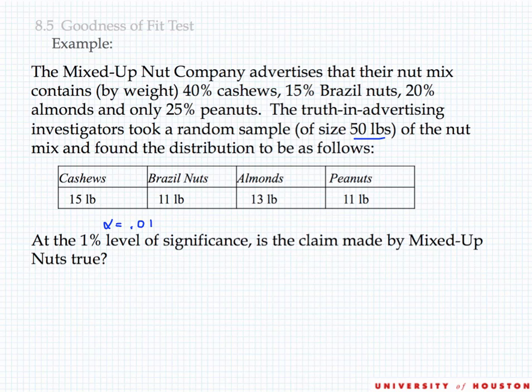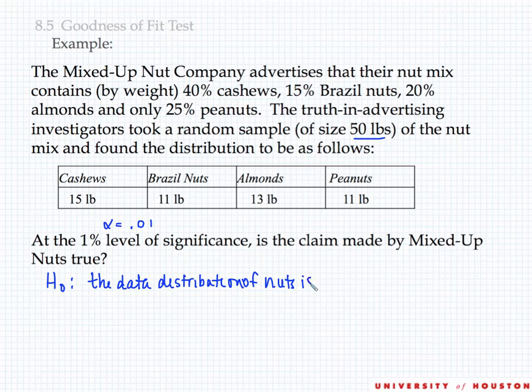So first, we're going to write our null, which says that the distribution of nuts is the same as the population. And our alternate is that at least one proportion is different.